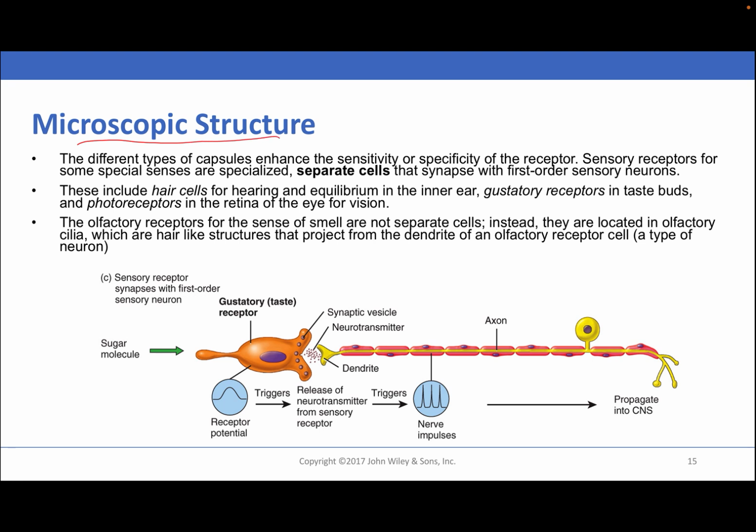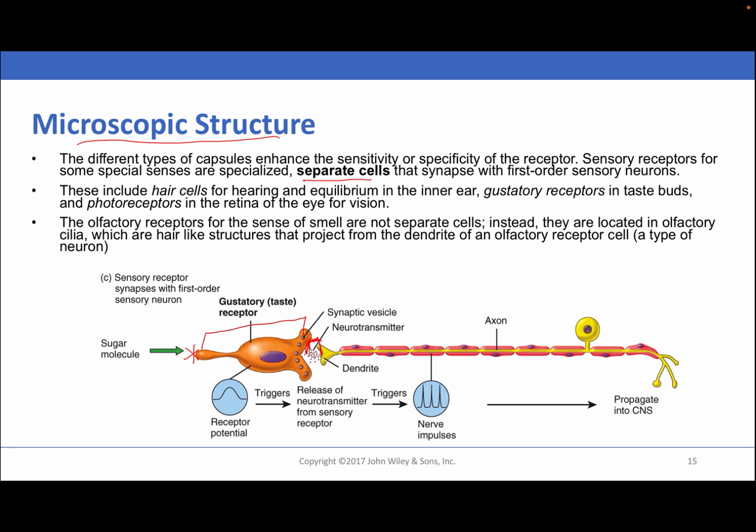And then our final class of microscopic structures that we use for classification of our sensory receptors is going to be a totally separate cell, where our sensory neuron is going to synapse with an entirely separate cell. So we've got this separate cell over here that is going to be responsible for binding to or responding to that stimulus.